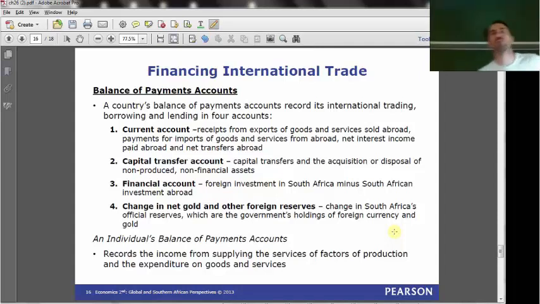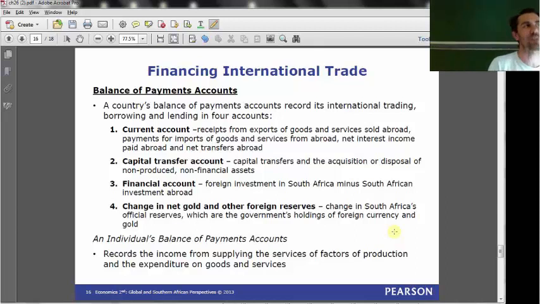So in the US, for example, or in the UK, or in the developed countries, there will be some kind of small number that's unrecorded. So in other words, if your balance on your current account is, say, 100, and the financial account is, say, 97, then the unrecorded transactions tend to be around like 1 or something like that.